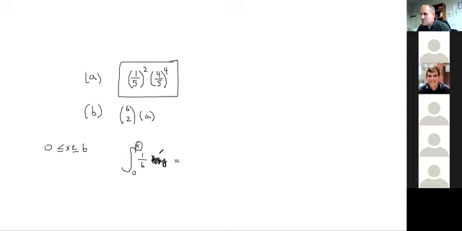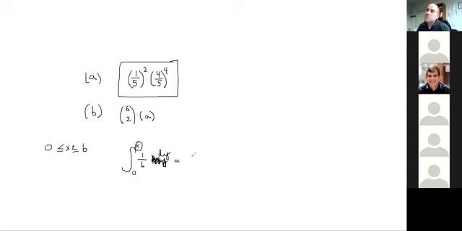Oh my goodness, this is looking more and more like my 4-year-old's writing, although she wouldn't be writing integral symbols. That'd be awesome if she did. But okay, so the integral of 1/6 dy. What's the antiderivative of 1/6 dy?